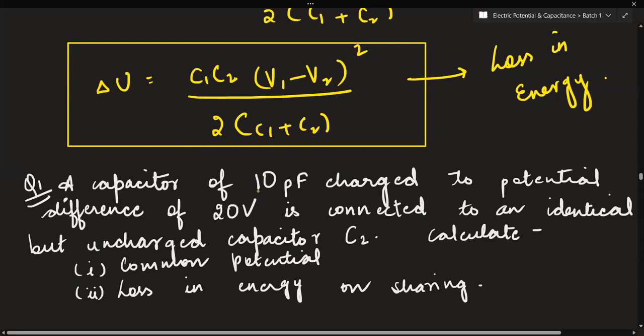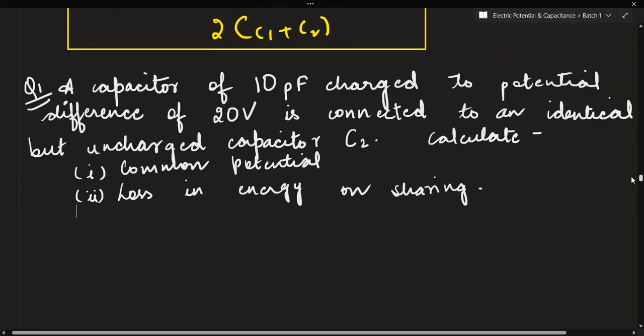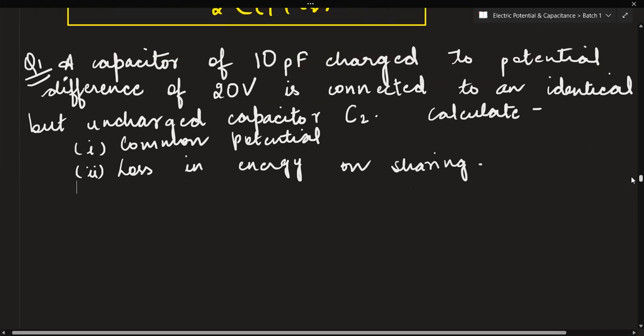See, this is C1, given as 10 picofarad, whose potential is 20 volt. That is connected to an identical but uncharged capacitor C2.